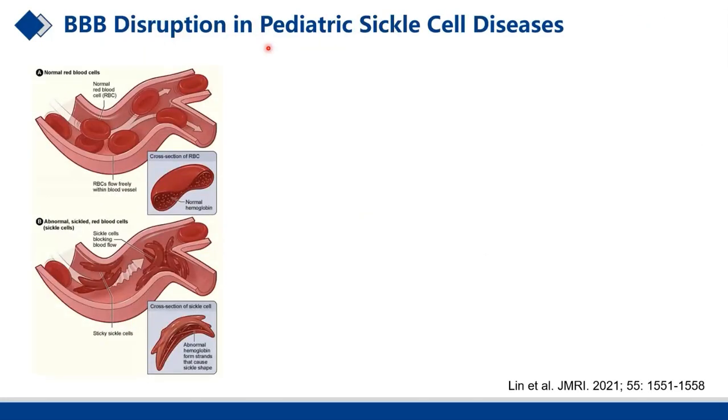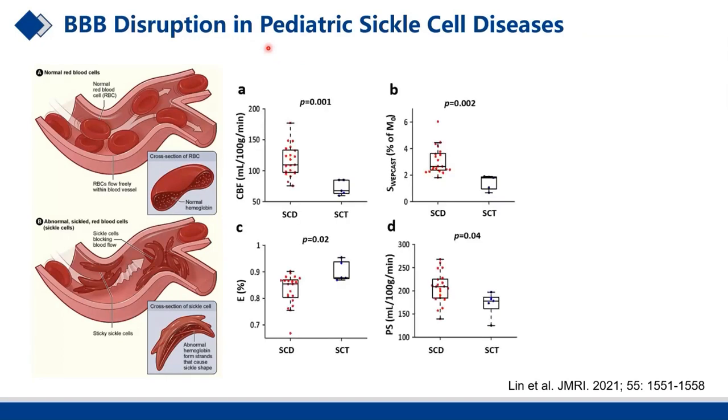We also did a bunch of small studies to look at how the BBB changes in other diseases, for example, pediatric sickle cell disease, because as we all know from yesterday's talk, sickle cell disease is an inherited genetic disease, and in those patients you will have these sickled cells.